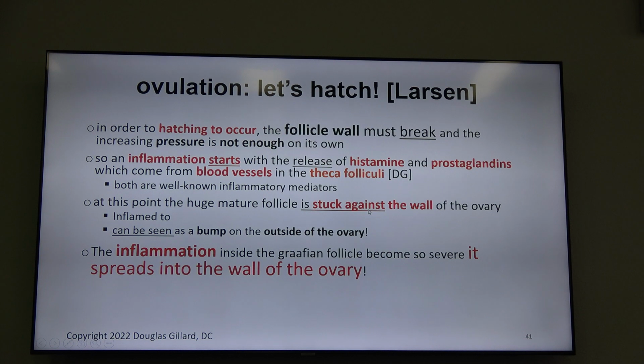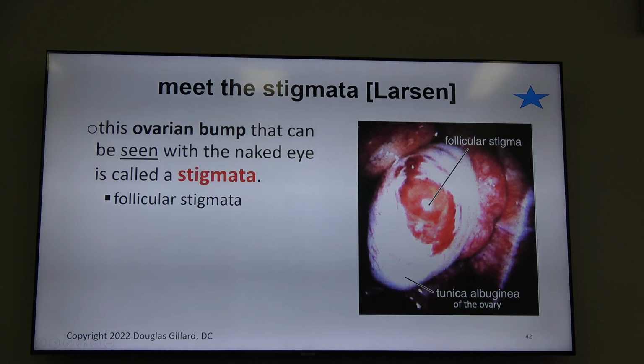So we're stuck against the ovarian wall, we said. It's stuck so bad it looks like a bump, and we can even see it if you stick an endoscope in there and look at the ovary right before ovulation. You can see a bump on there, and we're going to look at that here in a second. And there it is. There's the ovary, and you can see this bump. This ovary is about ready to ovulate.